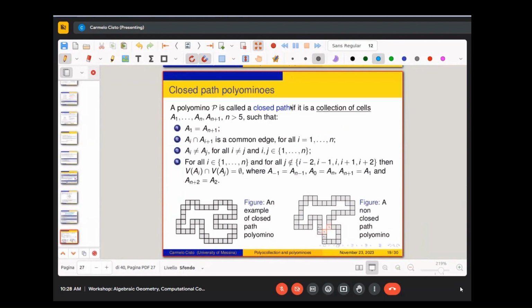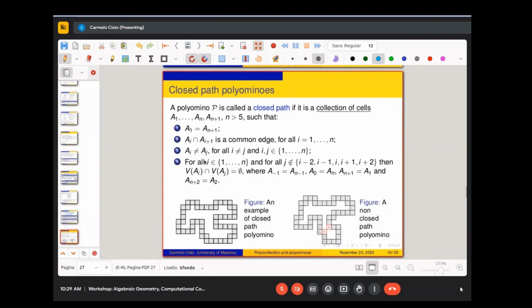A closed path polyomino is a sequence of cells that I can index in this way, A1, ..., An plus 1, such that the first one is equal to the last one. Every two consecutive cells share a common edge. Okay, all cells are different, and there is not, in a certain sense, near self-intersection.